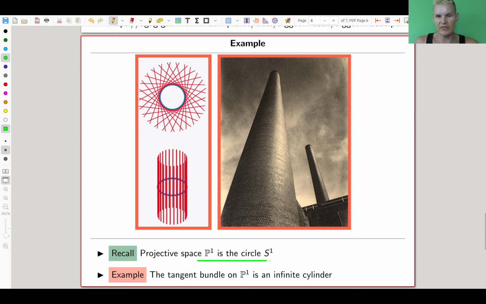So projective space is just a circle. The tangent on the circle is like this picture here, but it's better to think of them as all separated. You just pull them all up into space, and it's essentially then an infinite cylinder. It's infinite because every tangent is an infinite line, so it's an infinite cylinder on the circle.